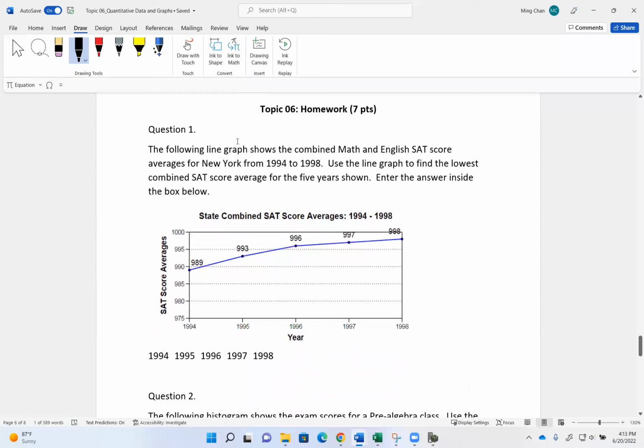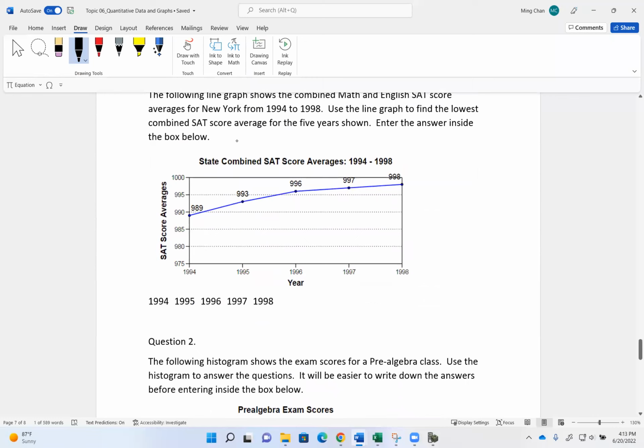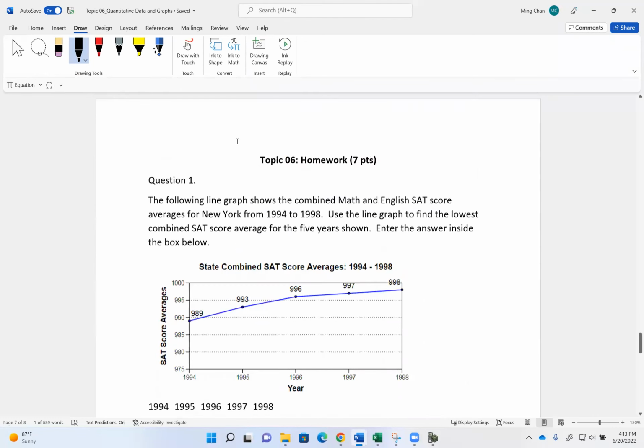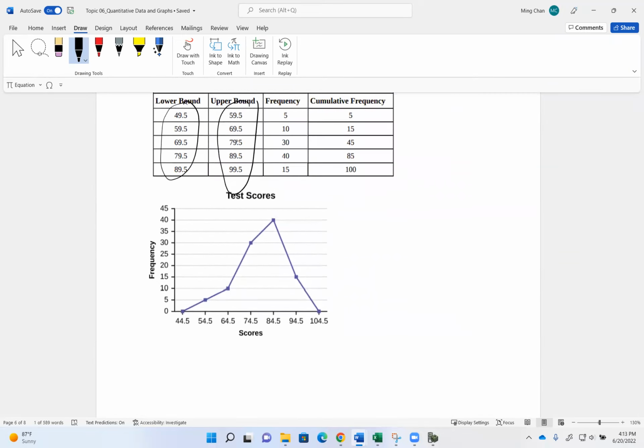All right, so here I have a line graph. This is a multiple choice. Use a line graph to find the lowest combined ACT scores for the 5 years shown. So this 5-year ACT score is actually a line graph. A frequency polygon is very unique because you actually need to start off from 0.